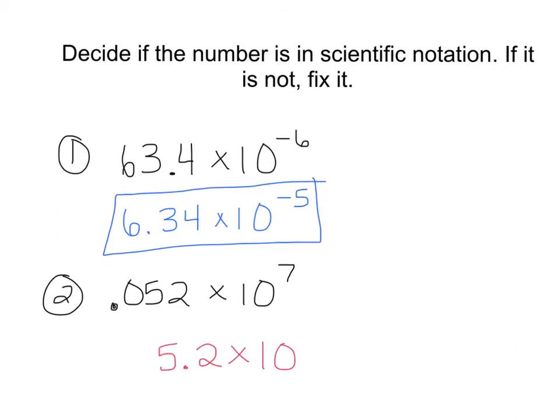From 5.2 to 0.052, we got 2 decimal places smaller. Going the other way, this number got 2 decimal places bigger, so the exponent has to get smaller, so it's going to become a negative 2. You're just doing the opposite. So this would be the proper scientific notation for that one.